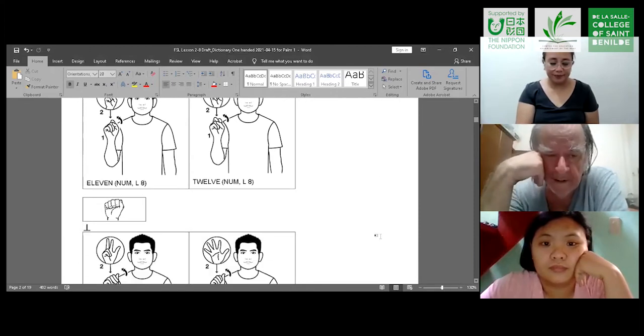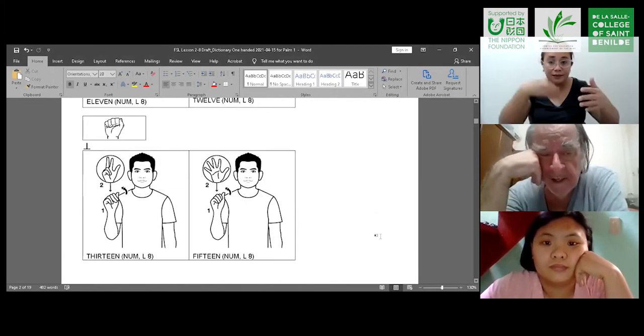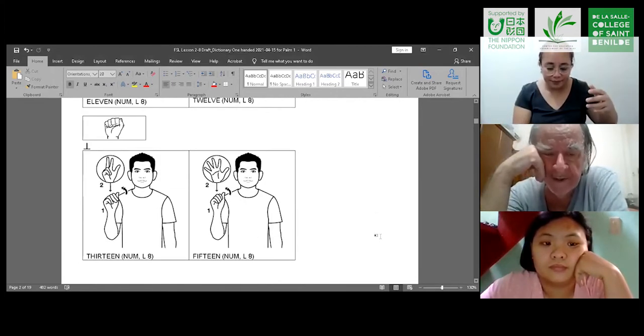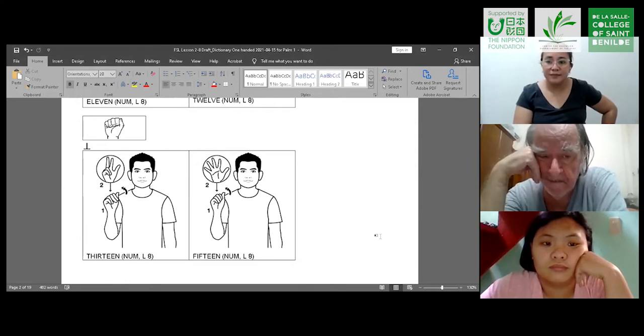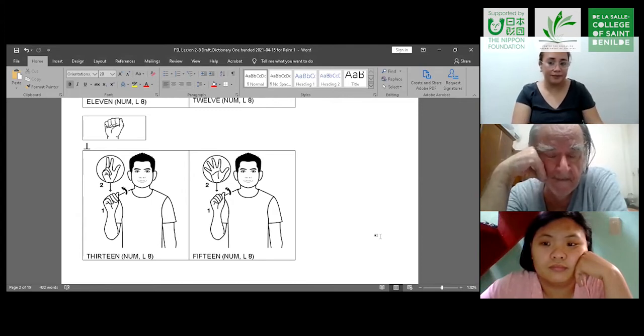Up to the next second hand shape. Okay, what about the other groups? Same ordering, same hand shapes? So I did the same hand shapes, but I don't think that the angle or the orientation is necessary.